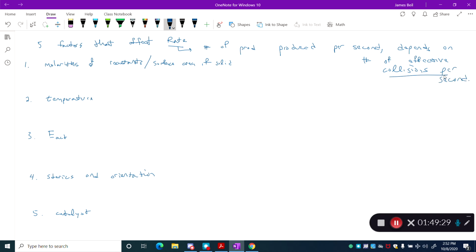How often are the reactants going to collide in an effective way? These factors are all related to how often effective collisions can occur between the particles.